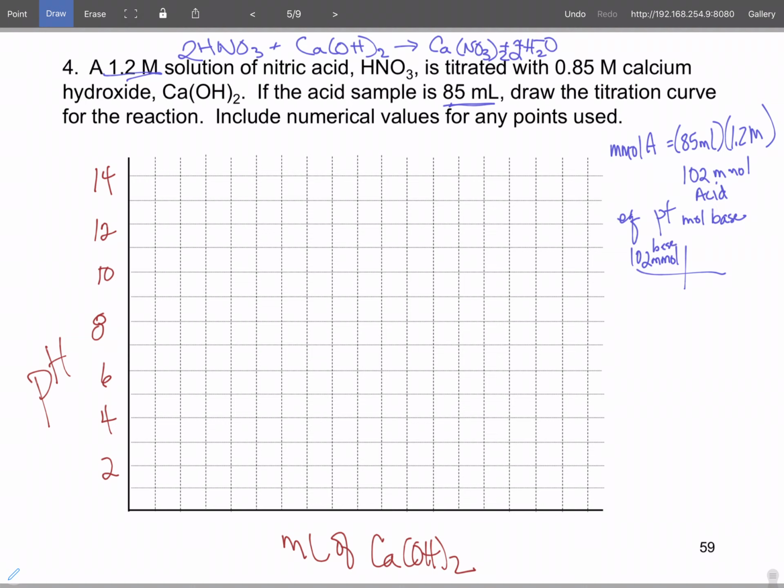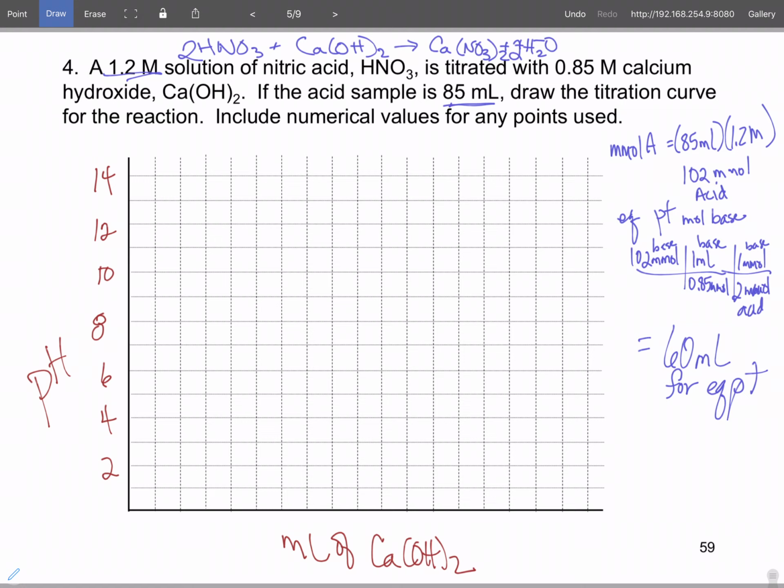We have 8.85 millimoles of the base per 1 milliliter of the base. But we know that there is 1 millimole of the base per 2 millimoles of the acid. So we actually end up with needing 60 milliliters for the equivalence point. That's where our moles of acid is equal to moles of base.